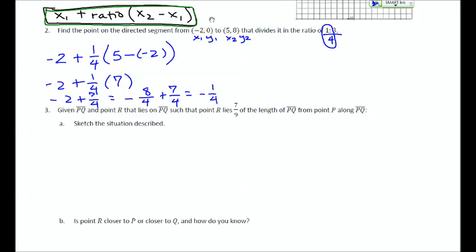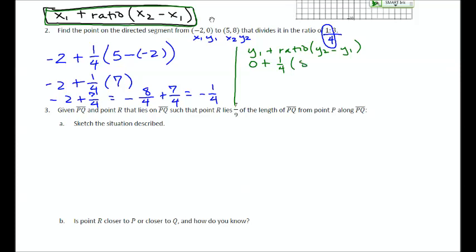That's the x coordinate. The y coordinate will be y sub 1 plus the ratio times y sub 2 minus y sub 1. That's our formula in terms of y. So plugging those in, I have 0 plus 1/4.